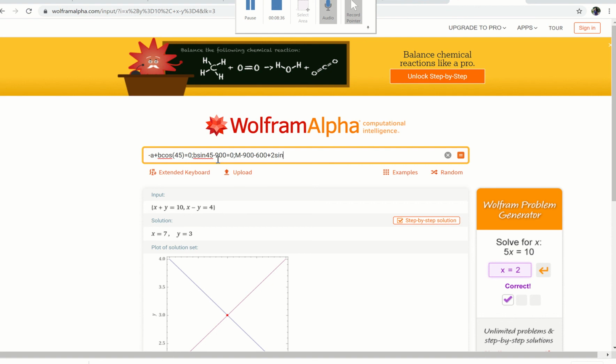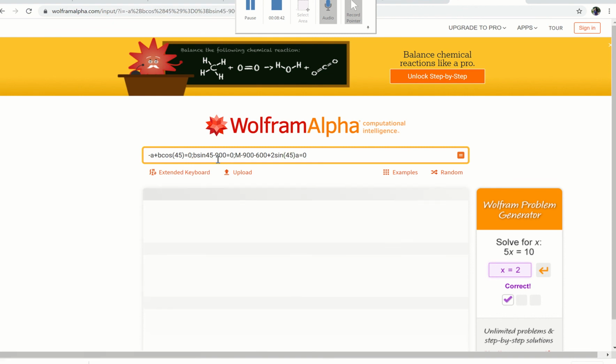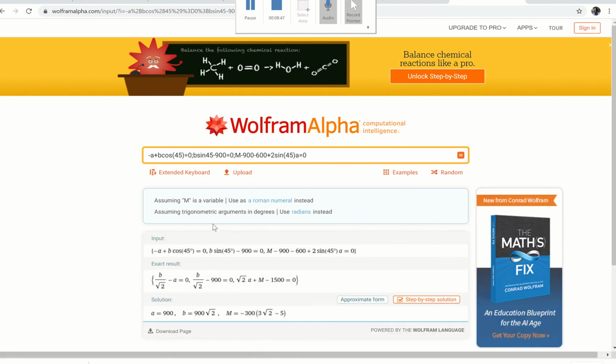So 2 times sine 45, then times your A. That equals 0. Let's enter, see what our input is, right? Okay, so M is a variable. Yeah, we do. M is a variable. So negative A plus B cosine 45 equals 0. That looks good. Everything here looks good to me.